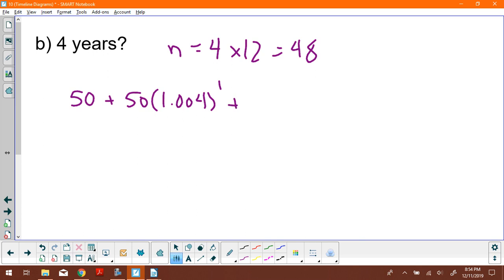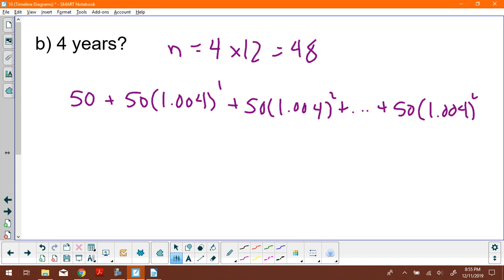The 46th payment would be the same thing to the power of 2, and so on until we got down to the very first payment, which would be sitting there for 47 months. So that's 1.004 to the 47. Hopefully this looks a little bit familiar. This is a geometric series, right? I'm going from term to term by just multiplying by another 1.004 over and over again.